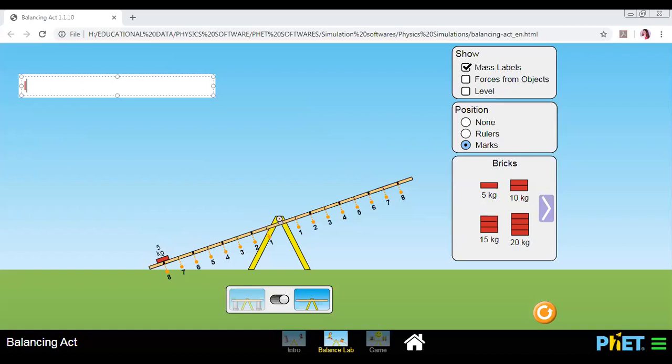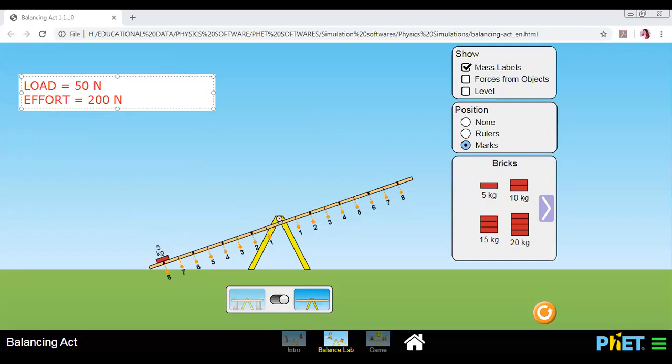How much is the load? The load is 50 Newton. Now I want it to be lifted, and I'm going to lift it with the help of 200 Newton. So I'm going to apply an effort of 200 Newton.